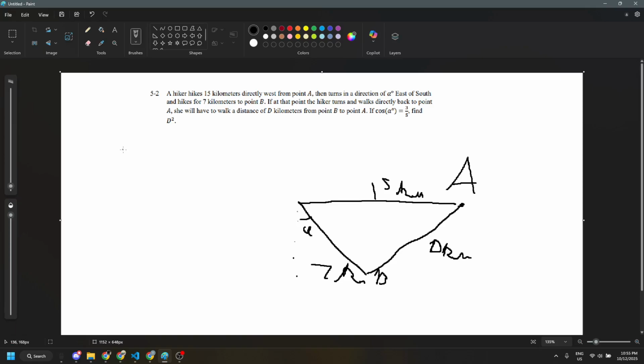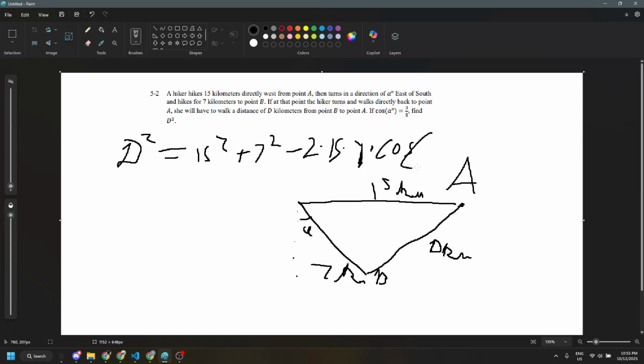So let's use this. We have d squared, by the law of cosines, is equal to 15 squared plus 7 squared minus 2 times 15 times 7 times cosine of alpha.